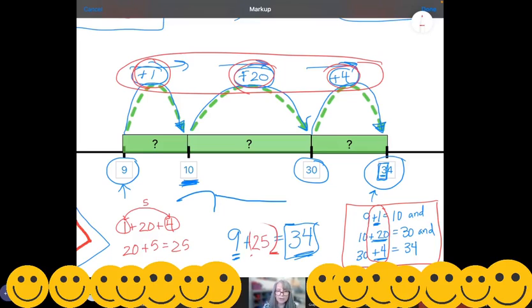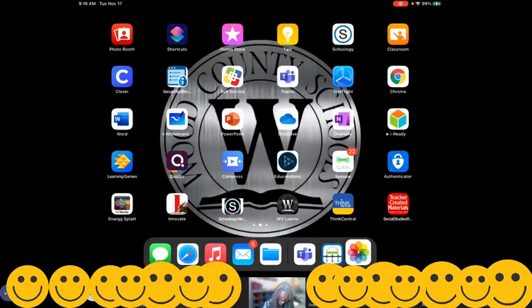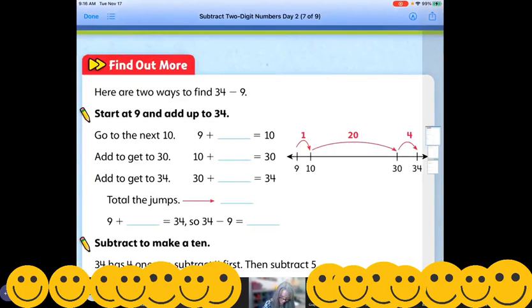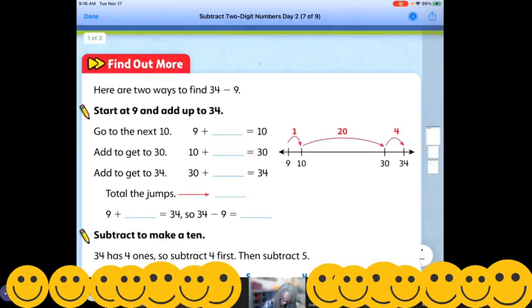So go ahead and open up your book and let's take a look at page 71. And I have it up here. All right.